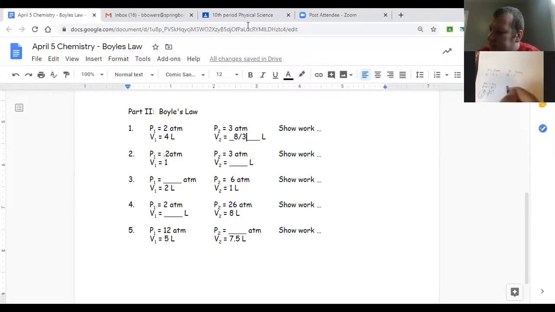So it's the same equation, P1 V1 equals P2 V2. In this case, P1 is 0.2. V1 is just 1. P2 is 3. V2 is something I don't know.